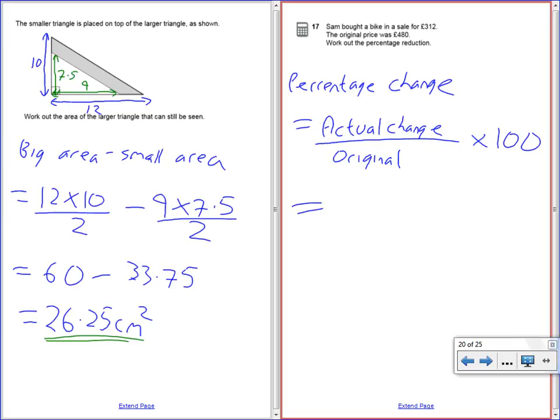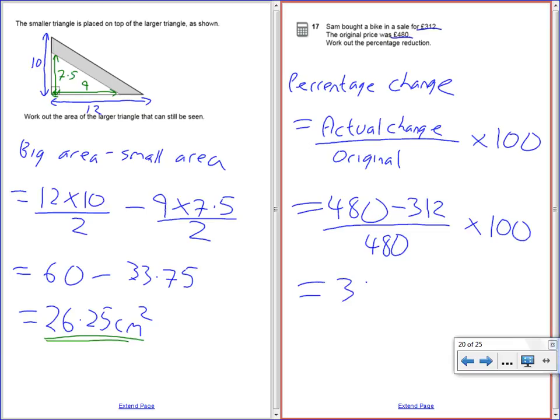So the actual change, it started at 480 and it went down to 310. So the actual change is 480 minus 310, and the original price was 480. And if we times that answer by 100, you should get 35%.